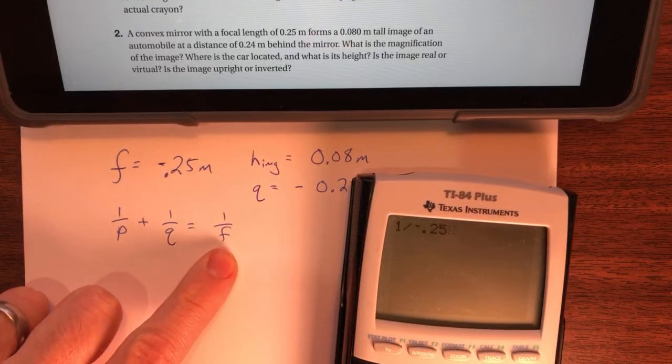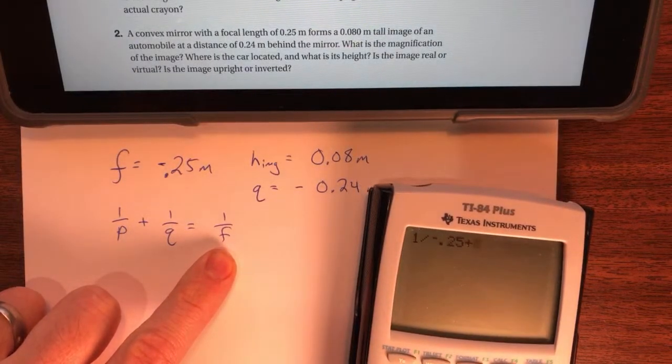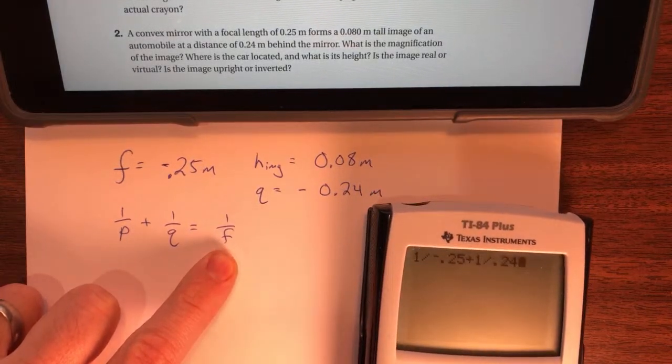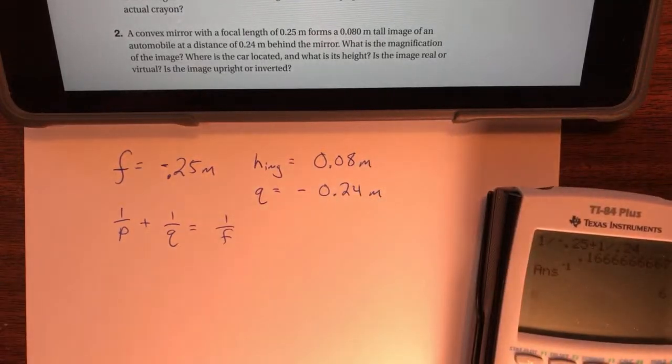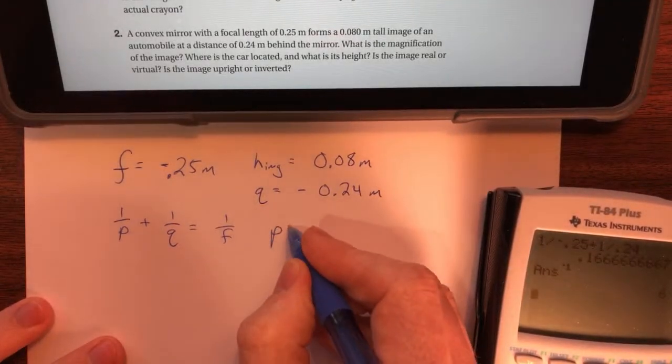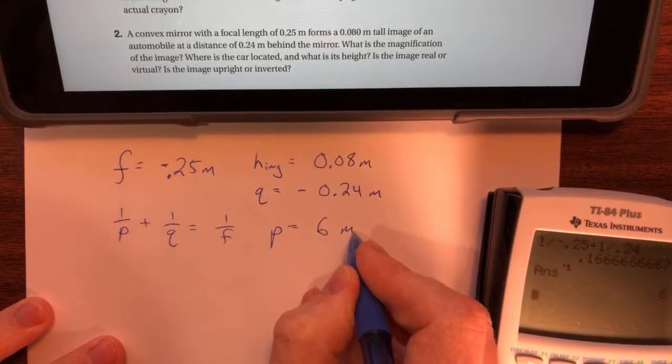We're subtracting a negative, so I'm really adding 1 over 0.24. Then we take the inverse of that to get p, and that's 6 meters. So p equals 6 meters.